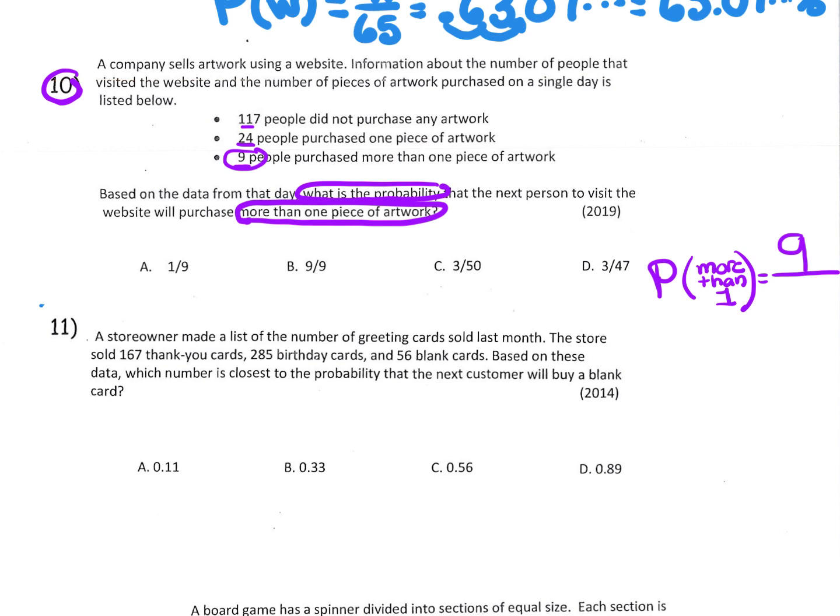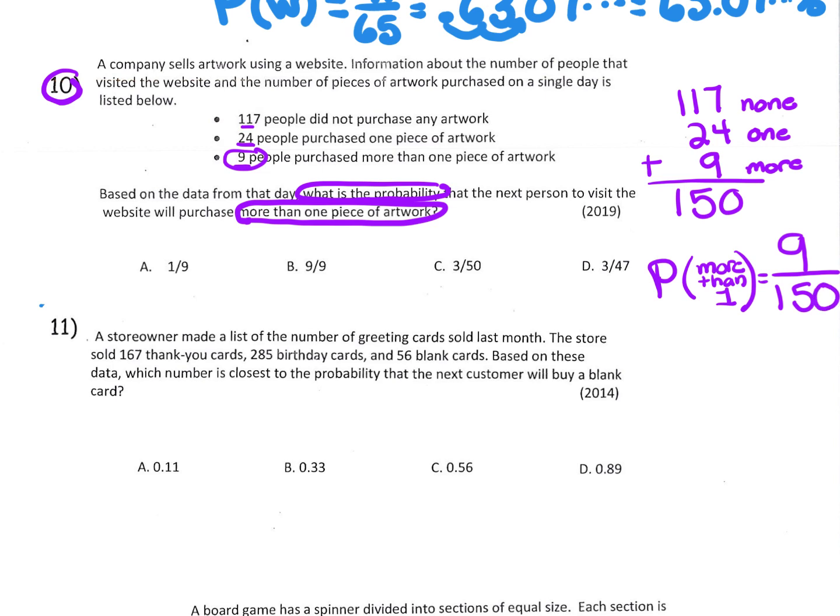So we're going to total up all our parts. 117 bought none. 24 bought one piece of artwork, and 9 bought more than one. Take a moment and add up those parts. Get a total. Use your calculator and add those parts. You should have gotten a total of 150.